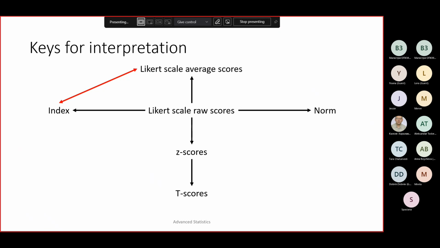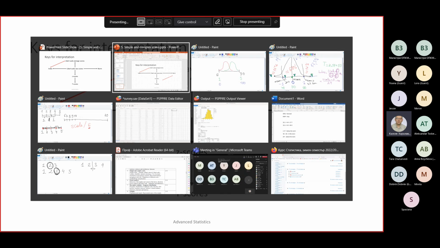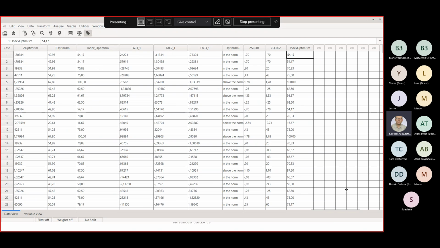But possibility to use these transformations for comparative analysis is advantage of them, but there is one disadvantage, and this is the fact that these numbers do not show the norm.